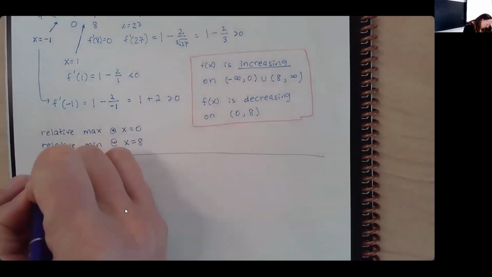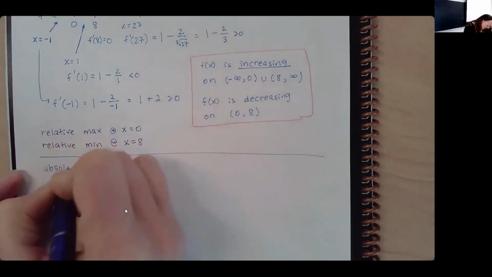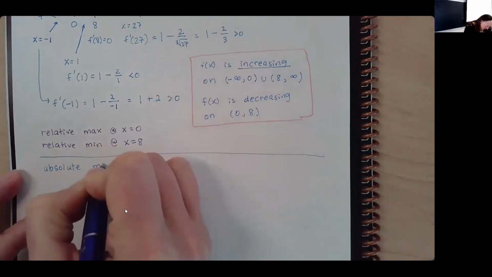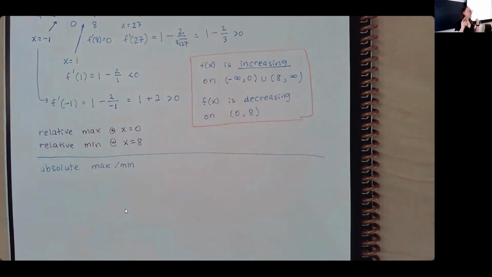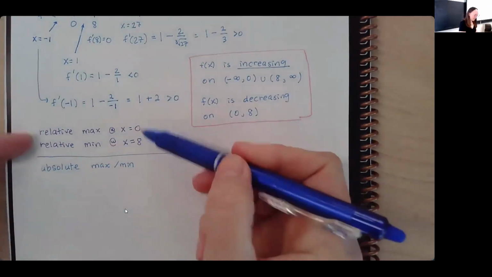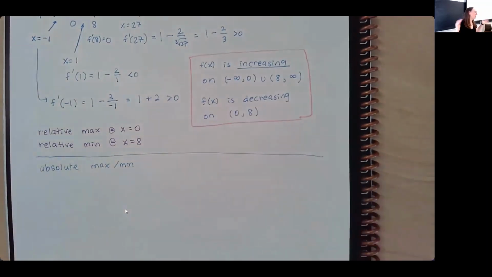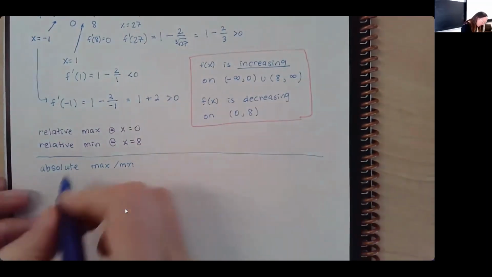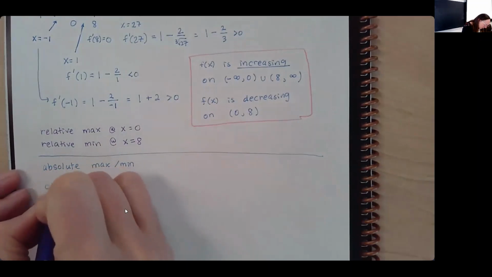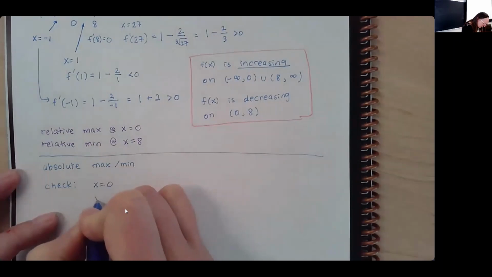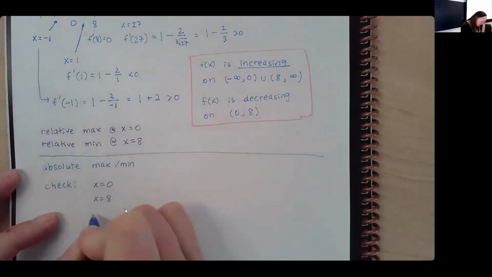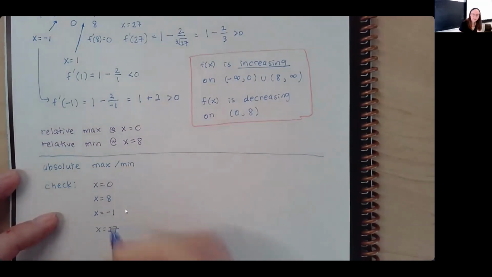So the way that we're going to look for absolute max and min is to find those relative extrema, look for those places where we had relative extrema, and then also check the endpoints of the interval. So to find absolute max and min, in our case, we need to check at x equals 0 and at x equals 8. And then we also need to check at the endpoints that I gave us, which were -1 and 27.